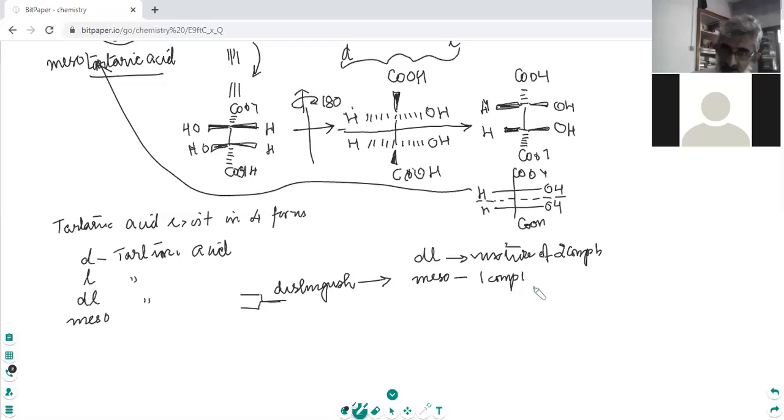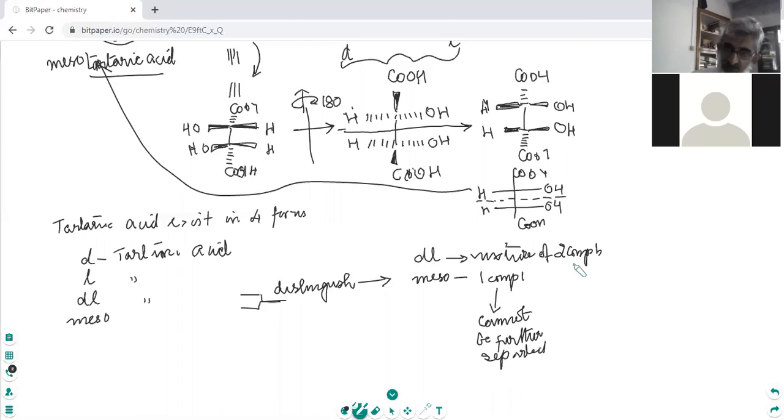And one compound cannot be further separated. Cannot be further separated, because it's one compound.